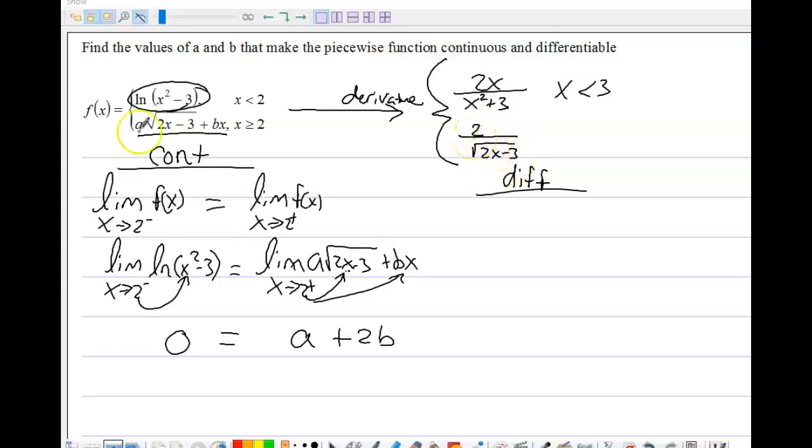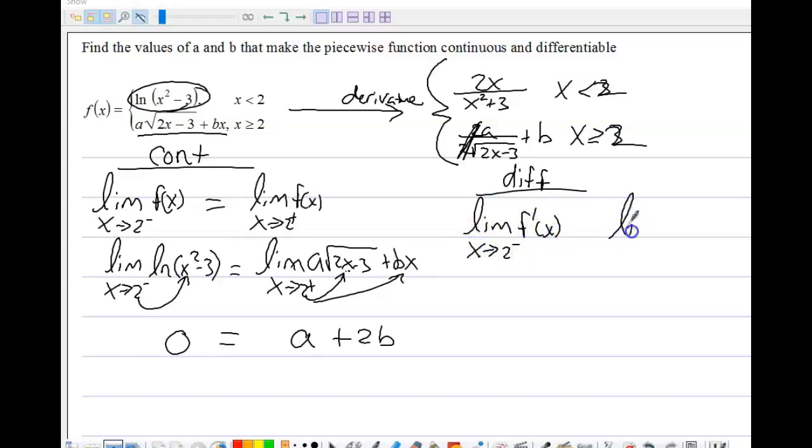The a in the front stays on the top. It's not part of the process, so it just stays in the numerator. And you always have a 2 on the bottom whenever you do a derivative of square root. In this case, they go away, so we don't really need the 2's. Plus bx. Now the derivative of bx is just going to be b. Oh, I put the wrong number. These are 2's.